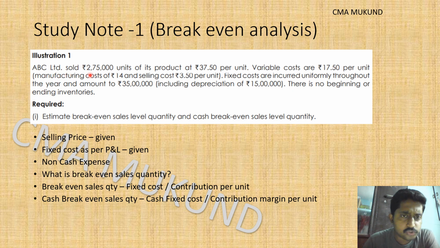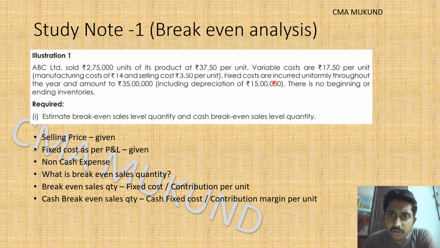ABC Limited sold 2,75,000 units of its product at 37 rupees 50 paise per unit. So the selling price is given. Variable costs are 17.5 per unit, in which the manufacturing variable cost, and the selling cost of 3.5, which is also variable.